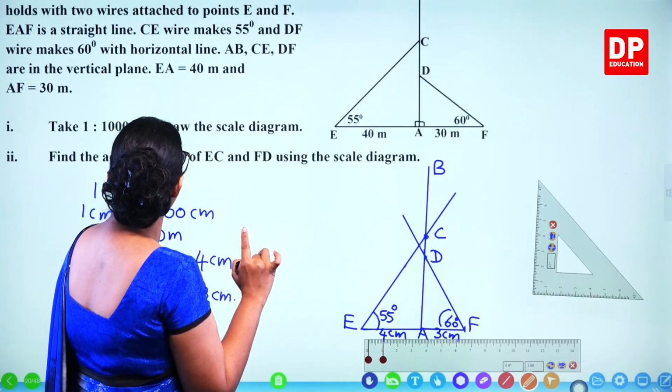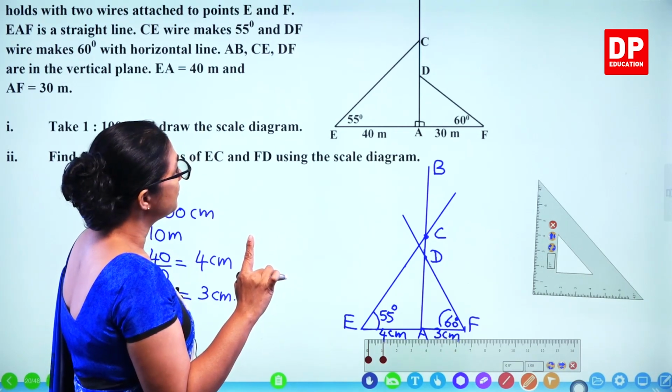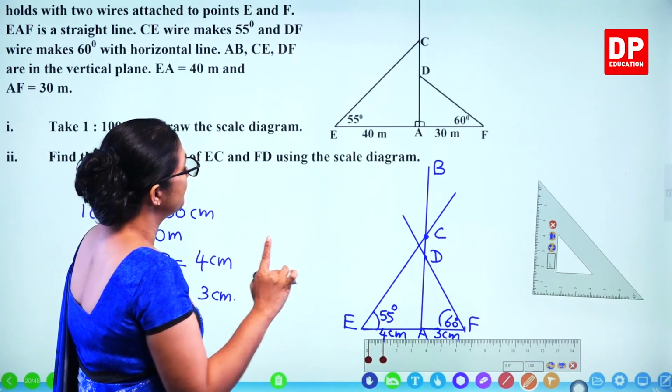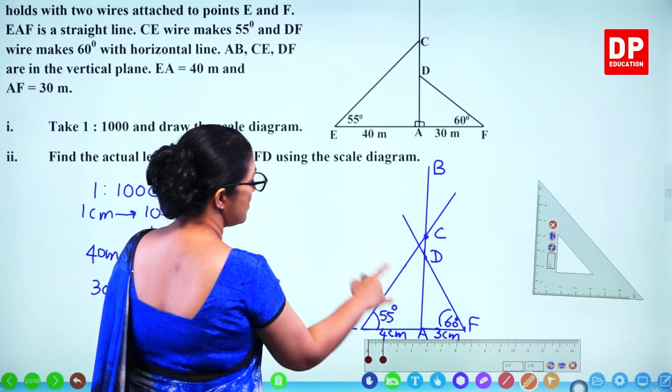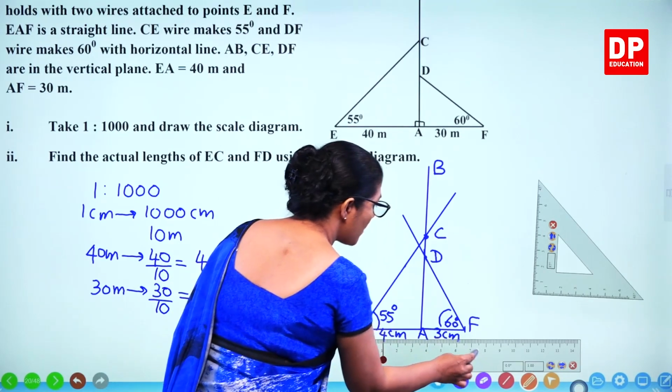Then find the actual length of EC. So this length and FD. This length we have to measure. So let's measure that.